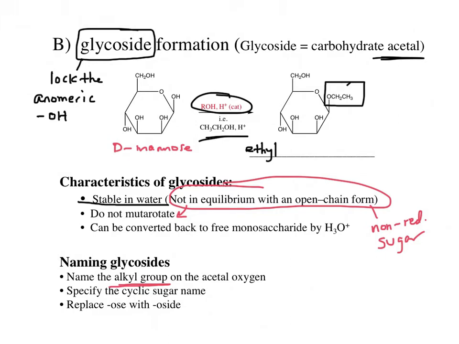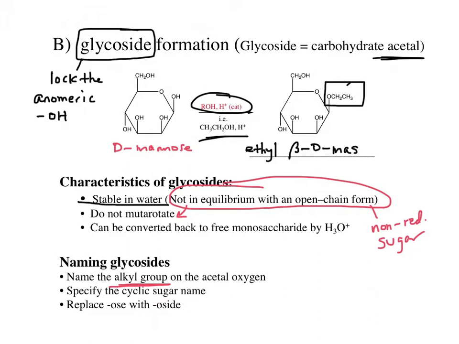Is it alpha or beta? Up, it's beta. D or L sugar? Well, I just told you it's a D sugar. And it's going to be mannose.